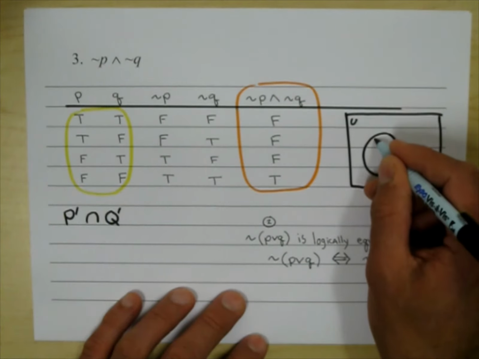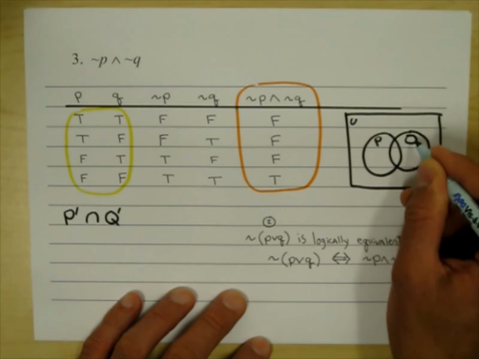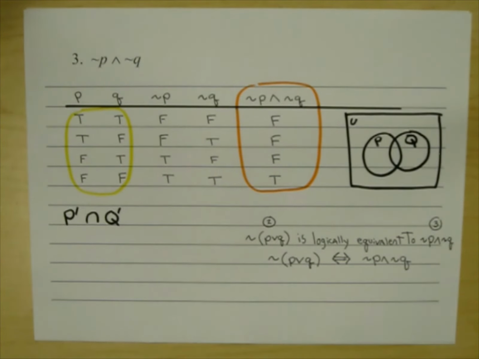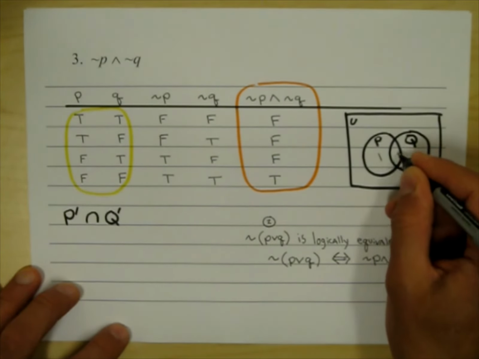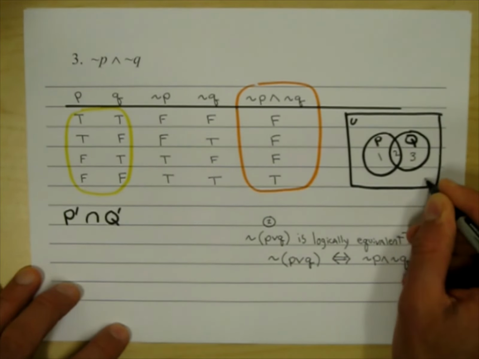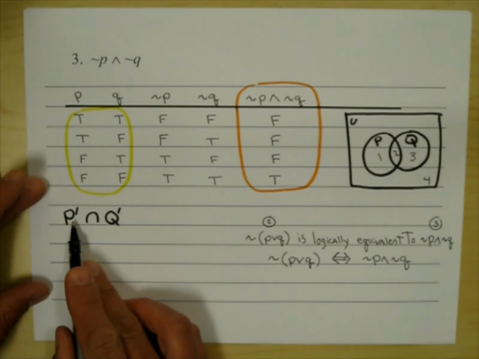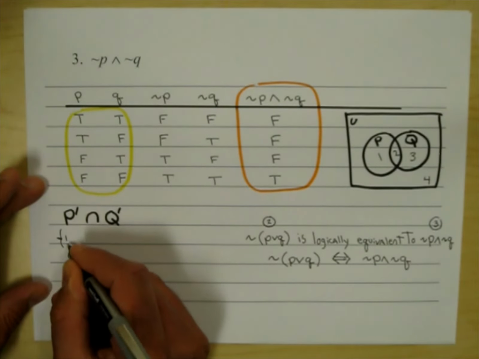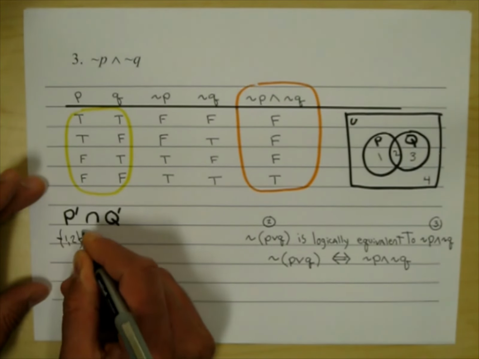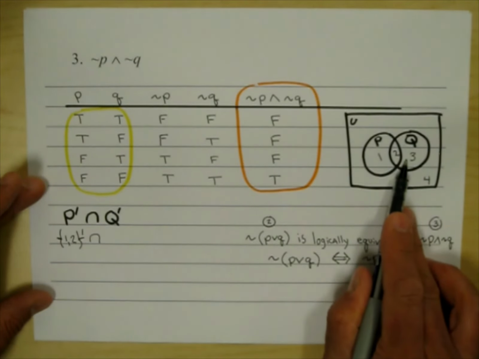There's circle P. Circle Q. Let's do this problem really quickly. I'm doing a Venn diagram shading. 1, 2, 3, 4. P complement. So P is 1, 2. Complement, intersect, Q complement. What's not in Q is 1, 4.